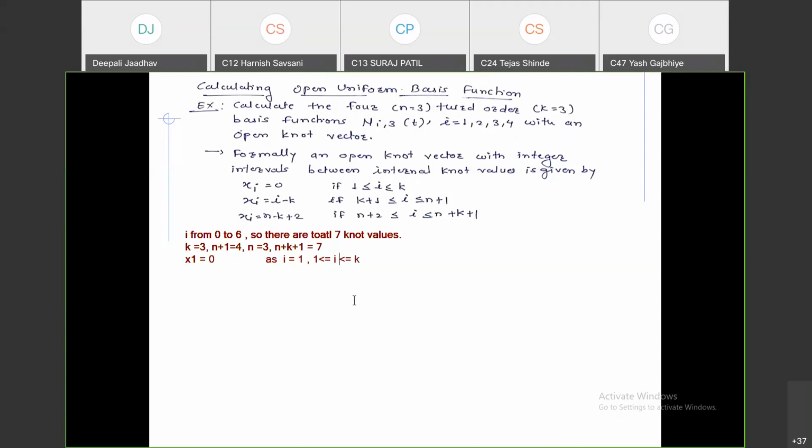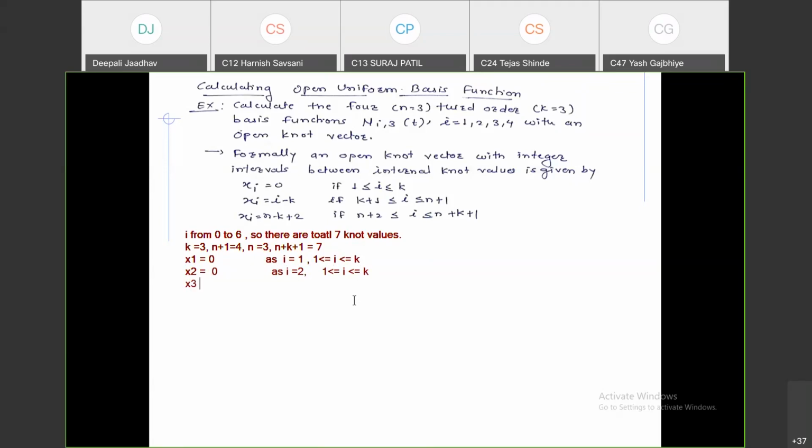Similarly, next we calculate x2. Now what is the value of i? i is equal to 2, which is greater than or equal to 1 and less than or equal to k, k is equal to 3. So as it again satisfies the first condition, x2 is equal to 0. Now x3.